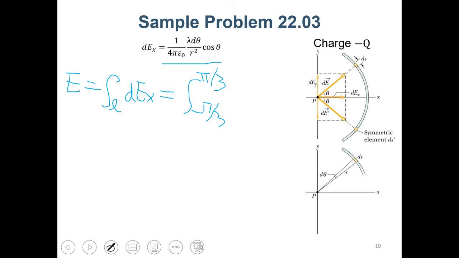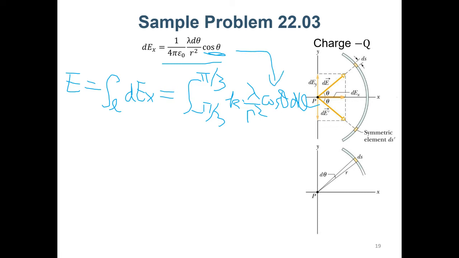Then we just plug all of them together: k times lambda cosine theta over r d theta. I only reordered, putting cosine theta in front, so I just plug this term here, which is nothing but dEx.